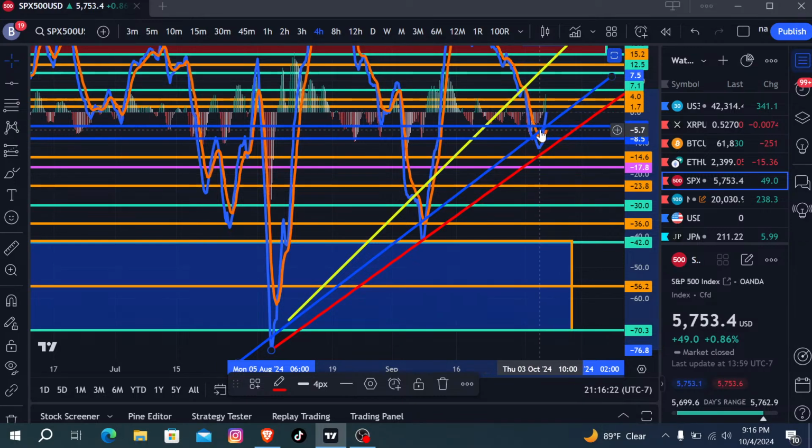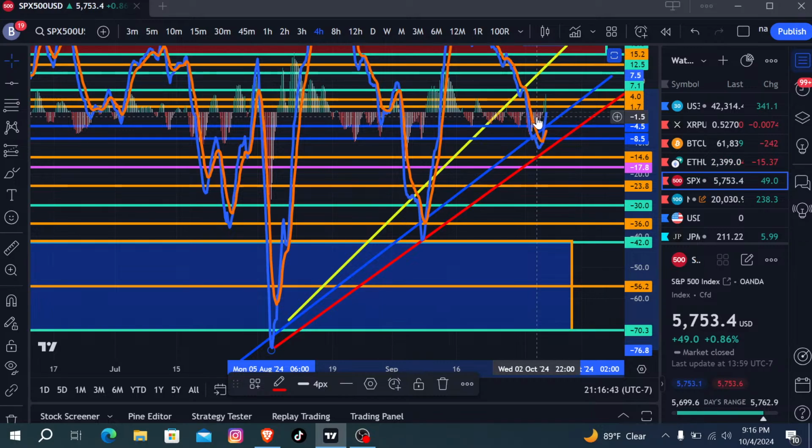But what this is also telling me is that this is the bottom of this rally. By that I mean we got more push up coming this week, or at least this is the bottom in these smaller time frames.